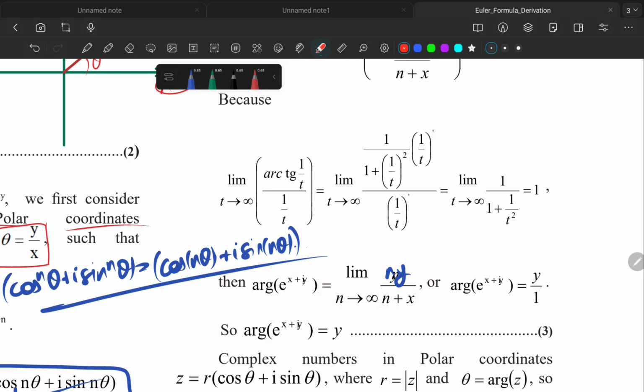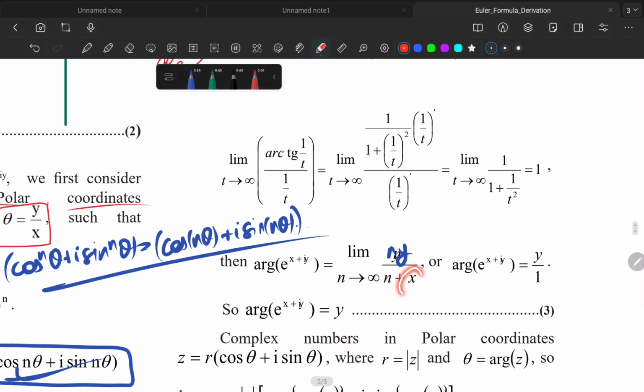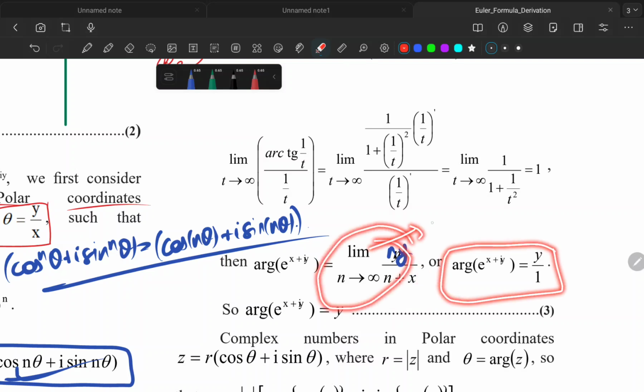And I think what he did is again use L'Hopital's rule, because in the numerator he is going to have 1 and in the denominator he is going to have x. No, it's 1, because the derivative of x is 0 and the derivative of n is 1, right? Because x is a constant, treated as a constant, he is just having y over 1. He used L'Hopital's rule, guys, please be noted, okay?